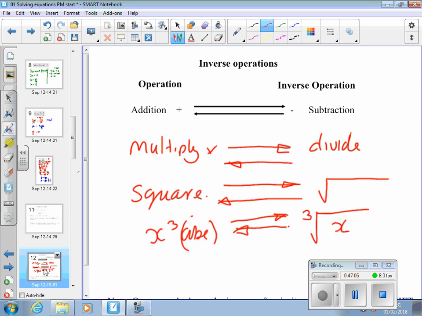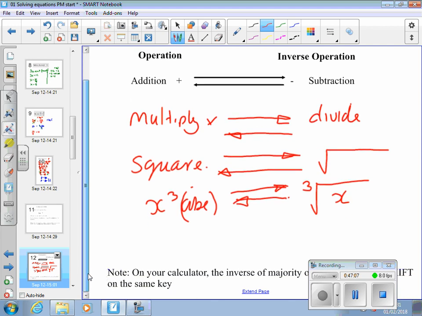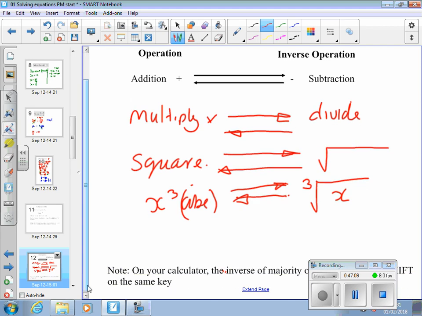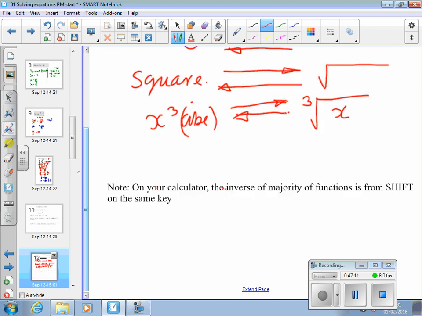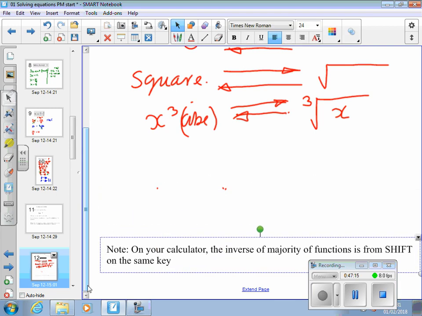Yep. On your calculator, inverses are usually the shift function key on many of the other functions.